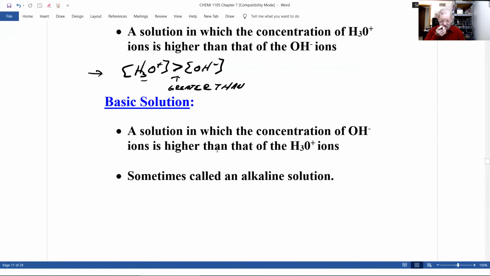Now, a basic solution is a solution in which the hydroxide ion concentration is higher than the hydronium, which you could write like this. And again, this is the greater than symbol. And I should point out, I won't ask it on a test, that this is sometimes called an alkaline solution.